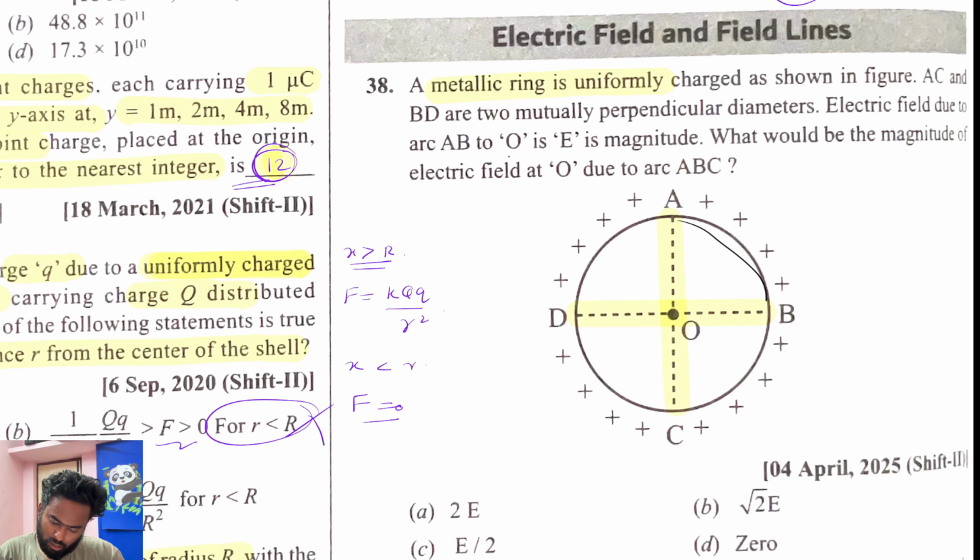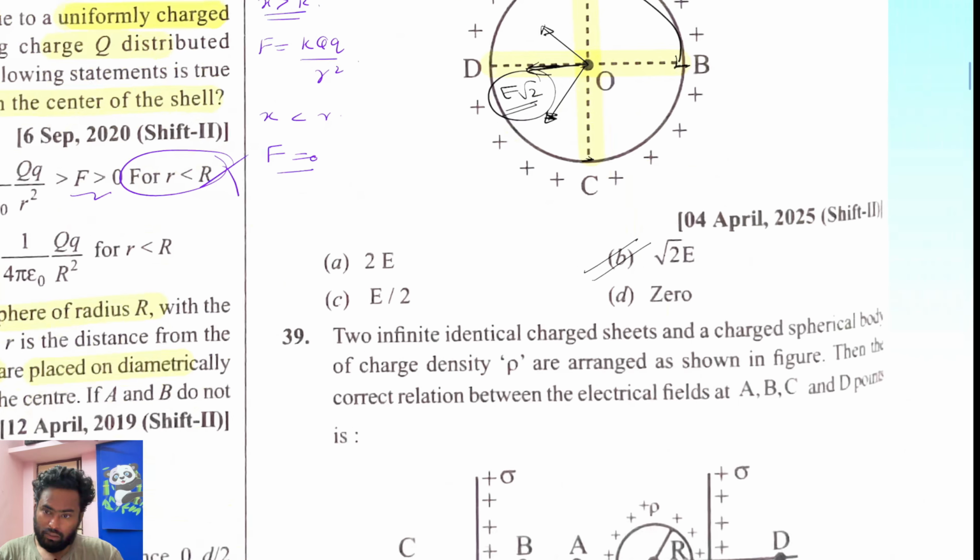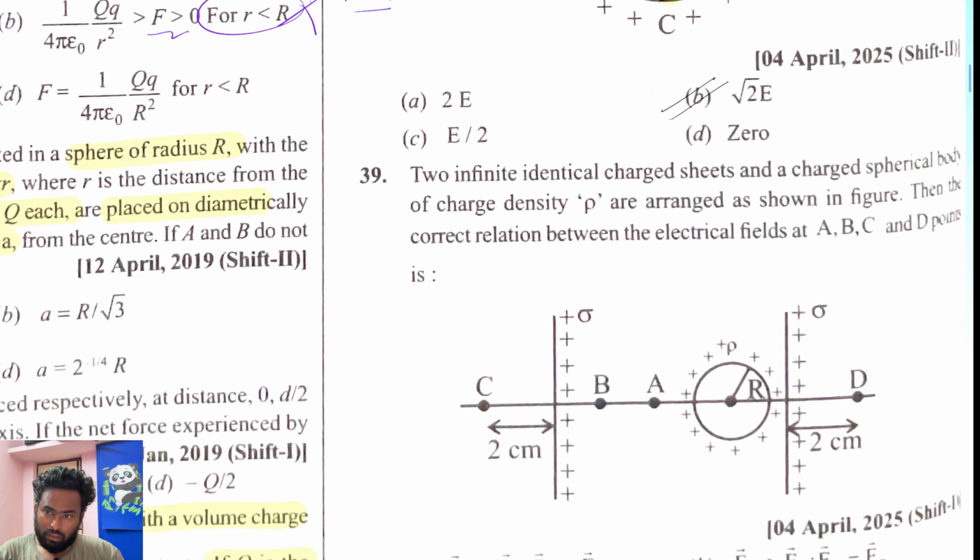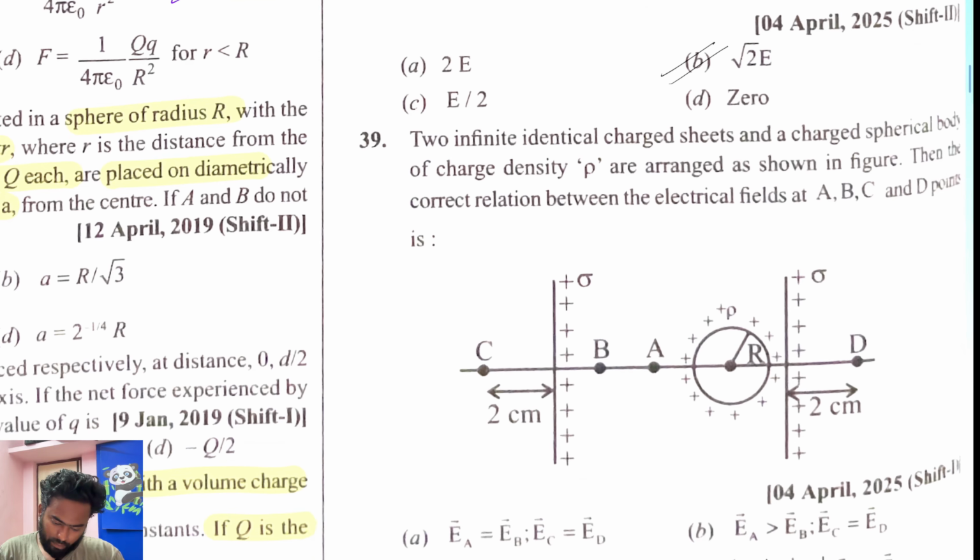So due to AB, let's say the electric field is E in this direction. Due to part BC, because of symmetry, it will be in this direction, and the resultant will be E root 2. Second option. Okay, let's see the next question.